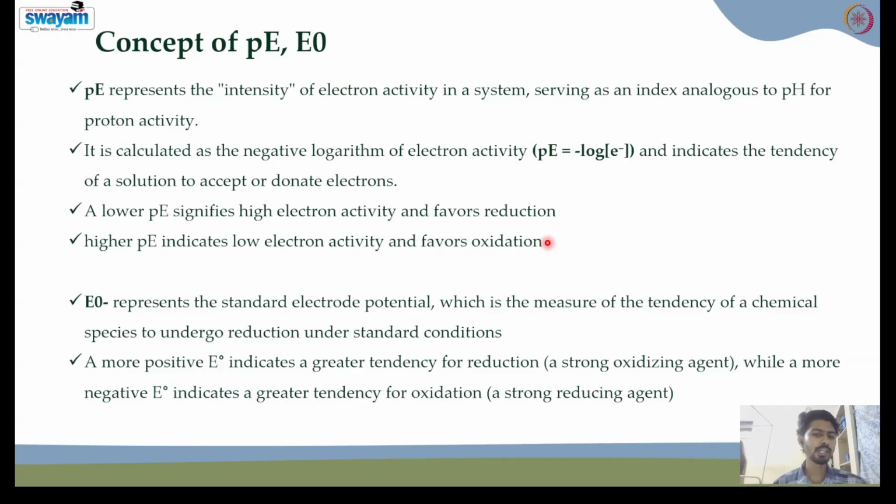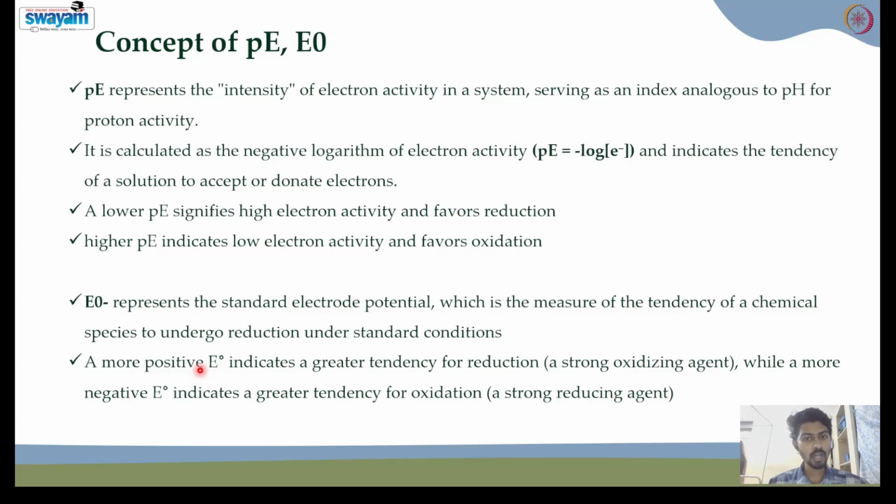And the next term that you need to understand is the E naught, which is nothing but the standard electrode potential. What does it tell us? It measures the tendency of chemical species to undergo reduction reaction under standard condition. So what happens if the E naught is positive? If E naught is positive, then the solution has a higher tendency to go for a reduction reaction.